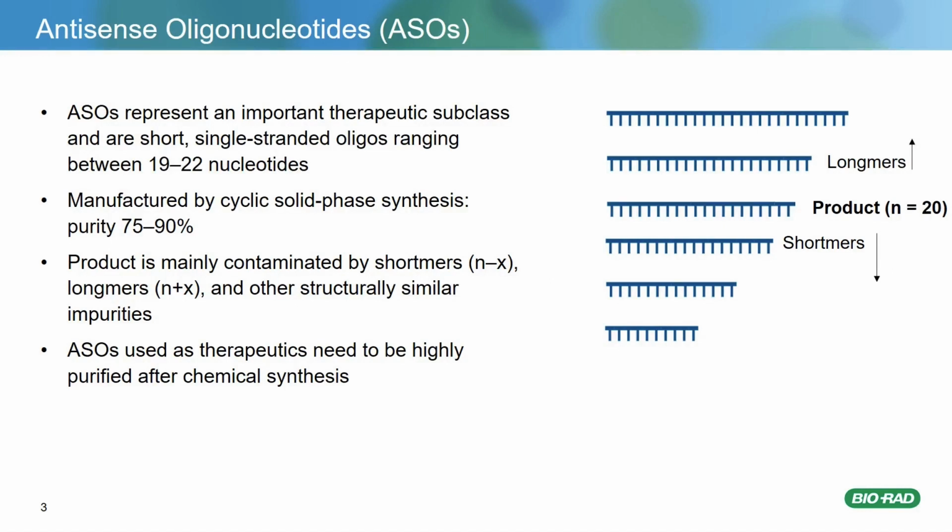The product is mainly contaminated by shortmers, which is represented by N-X, longmers, N+X, and other structurally similar impurities. ASOs used in therapeutics need to be highly purified after this chemical synthesis. On the right, you'll see the product, which has 20 nucleotides, and the longmers would be, say, 21, 22, and the shortmers would be less than 20: 19, 18, and so forth.